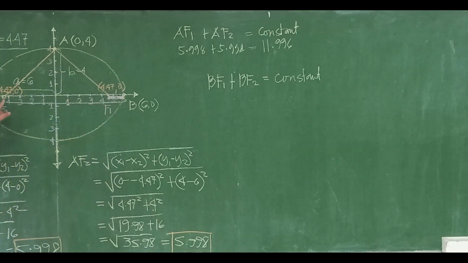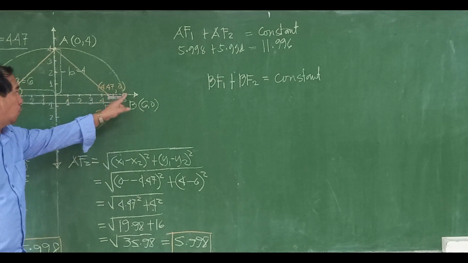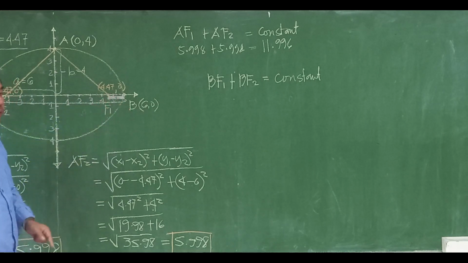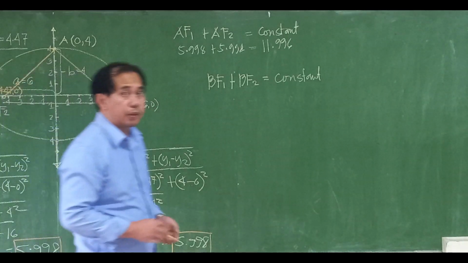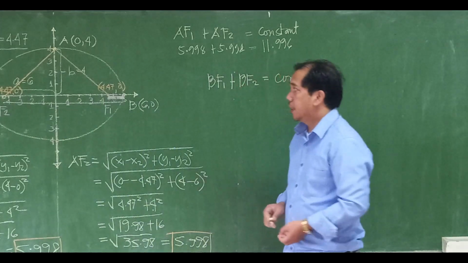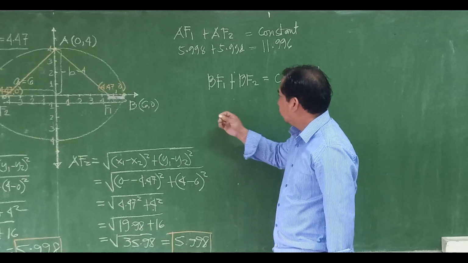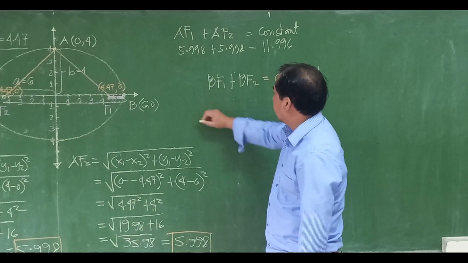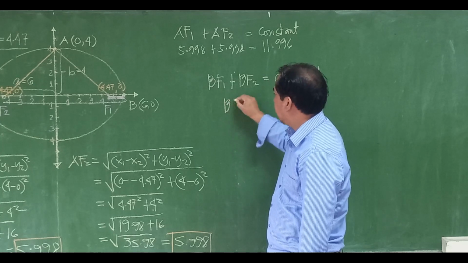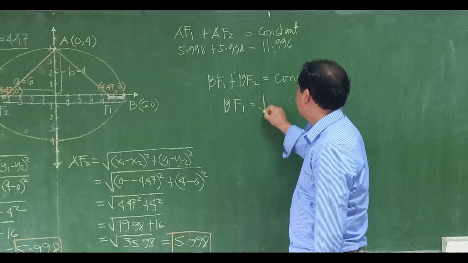If you are going to add this measure to the result of point B to focus 1, it will give you a constant result. It will give you the same result. Now again, let's try to verify if it will give you the same result. So let's try to have our point B, let's try to have it one by one. Point B to F sub 1. Now, what is our working equation?